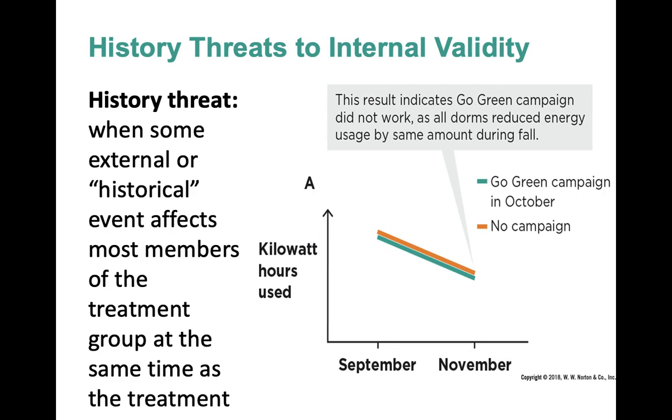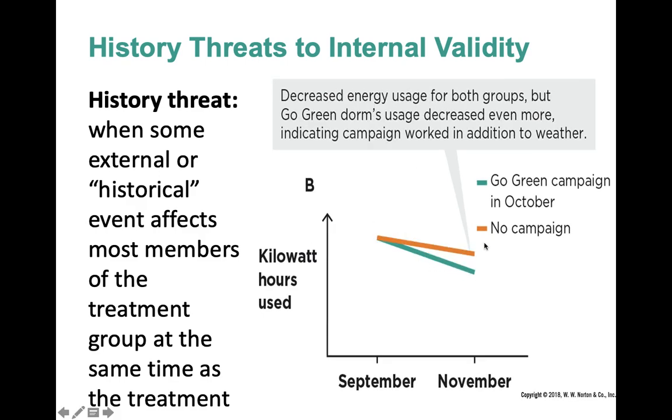So maybe people are just using the air conditioning a lot less in November. So it has nothing to do with a campaign, it just has to do with this external or historical event of a change in seasons. And so seeing this result and having a comparison group allows us to determine that actually, no, the Go Green campaign is not necessarily successful, but without having that control group, we're unsure.